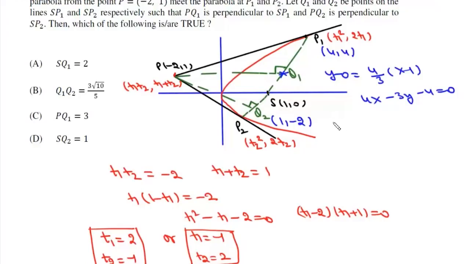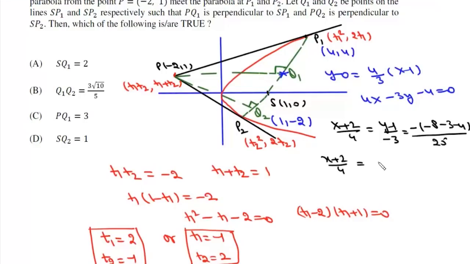Now, for Q1, we'll find the foot of perpendicular from this point. So, basically, it will be (x plus 2) upon 4, (y minus 1) upon minus 3, and this is minus (8 minus 3 minus 4) upon 25. So, it will be (x plus 2) upon 4, (y minus 1) upon minus 3, equal to 15 upon 25, and 15 upon 25 is 3 by 5.